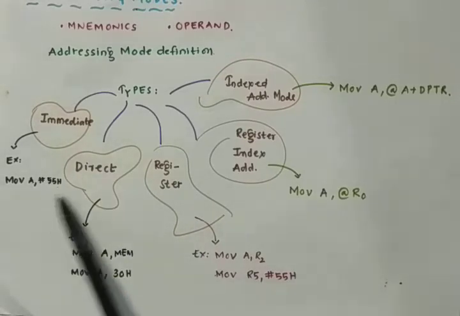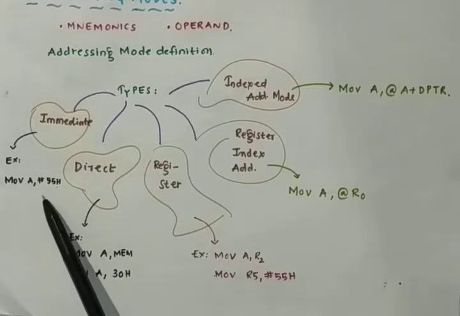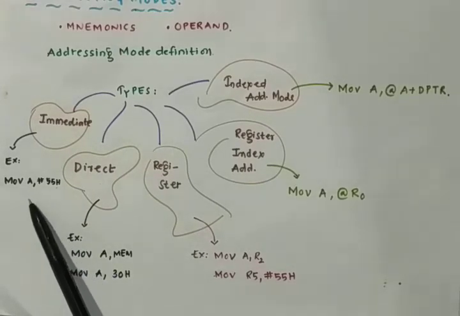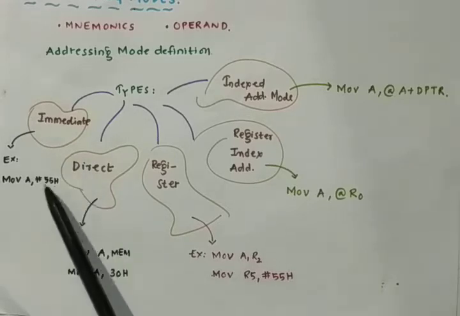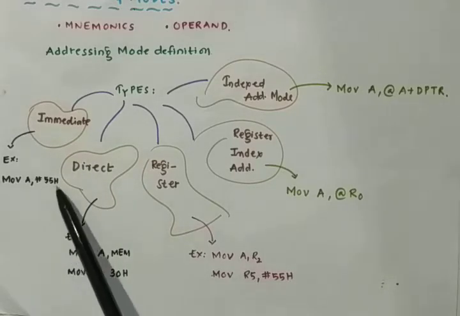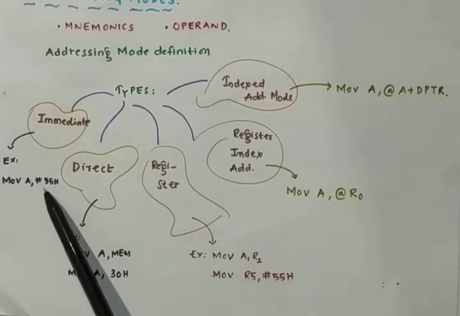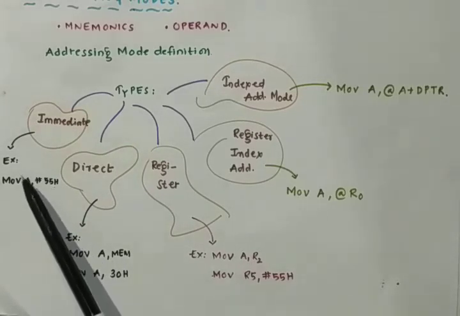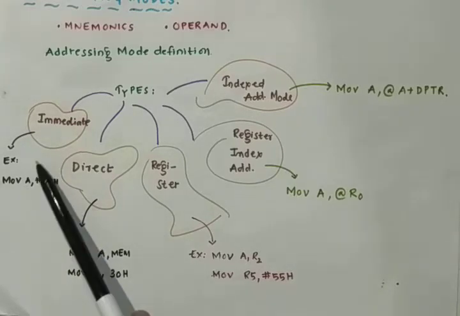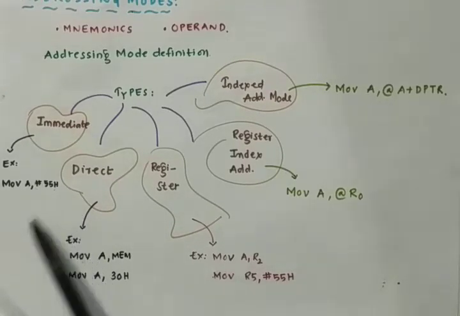This is the best example for immediate addressing mode. The description is: copy 55H into the accumulator register, that is A.